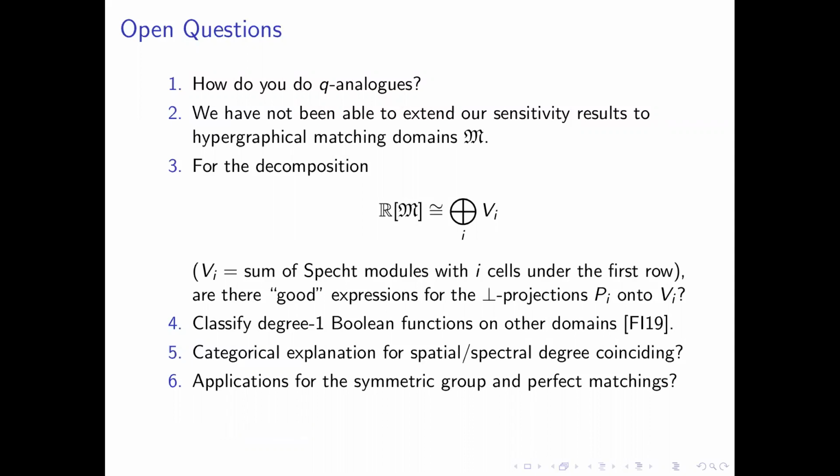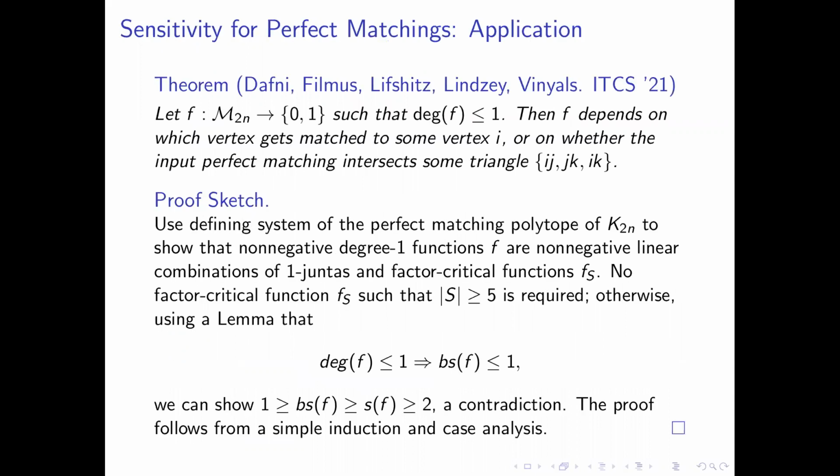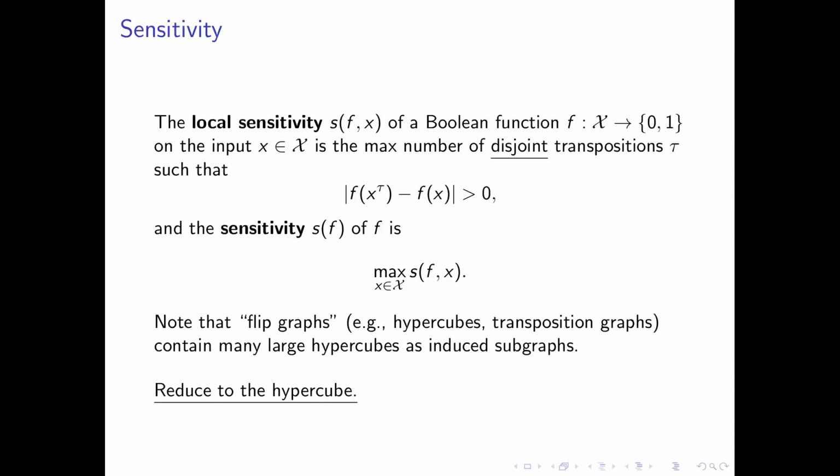So let me just recall our definition of sensitivity. I've underlined disjoint here. So for instance, it could be 1, 2, 3, 4, but not 1, 2, 2, 3. These transpositions that we have shouldn't overlap.